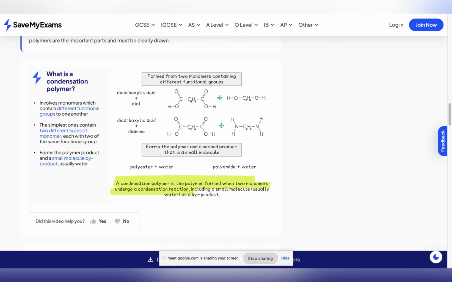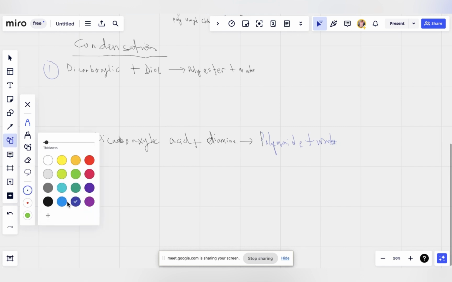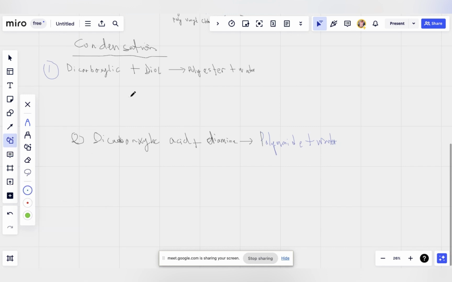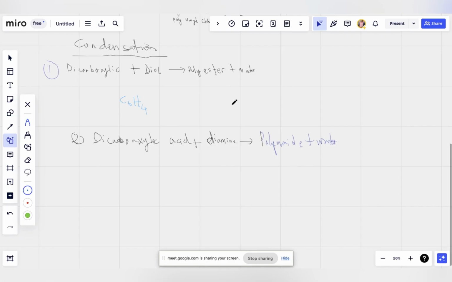So we can simply write, let's use a different color, C6H4 and then C. The functional group now: what makes it a dicarboxylic acid? Double bond to O, the carboxylic acid functional group.